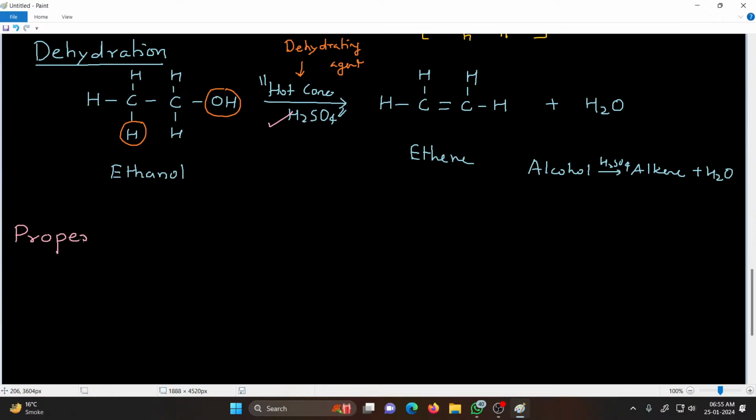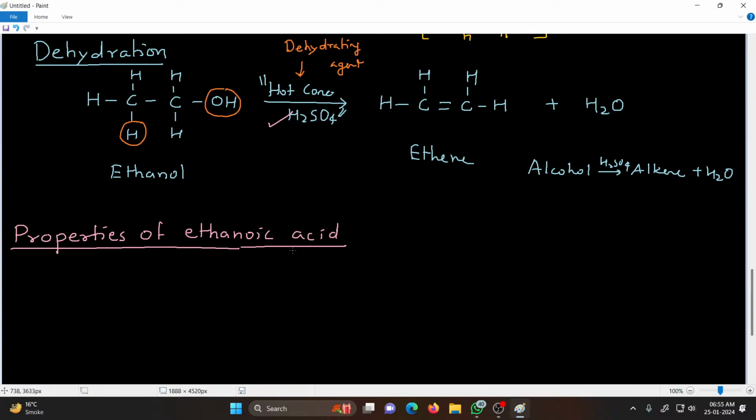It's an organic acid, so it shows all chemical properties of acid.